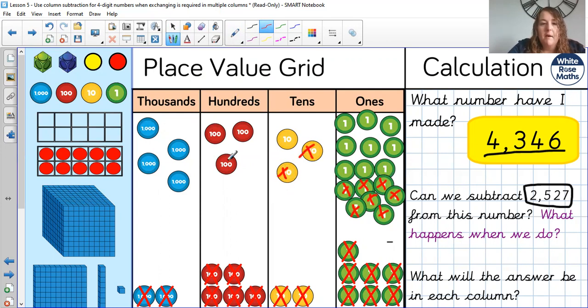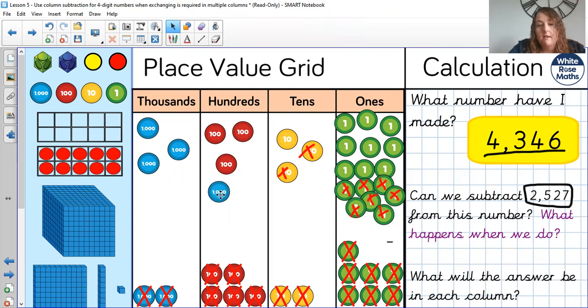Then in my hundreds column, I've got 3, but I need to subtract 5. So again here, I'm going to need to exchange from my thousands column. My thousands goes into my hundreds column, sorry. And I would normally show that as 13 in the formal method, but instead I'm going to get rid of that 1,000 and I want 10 hundreds.